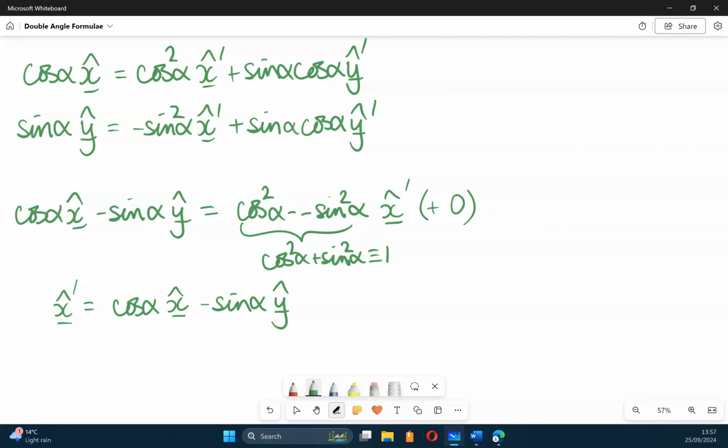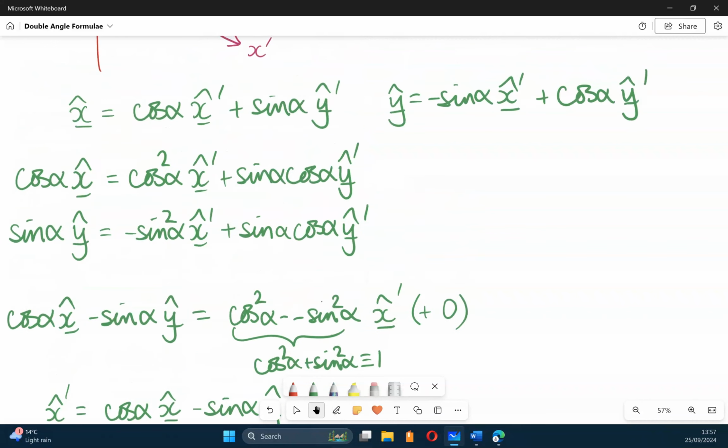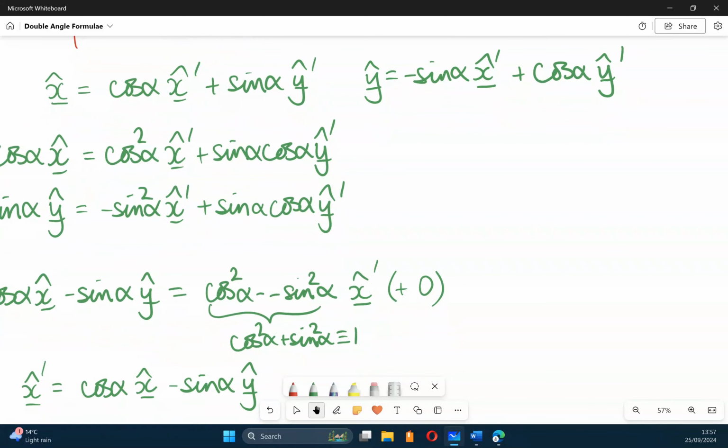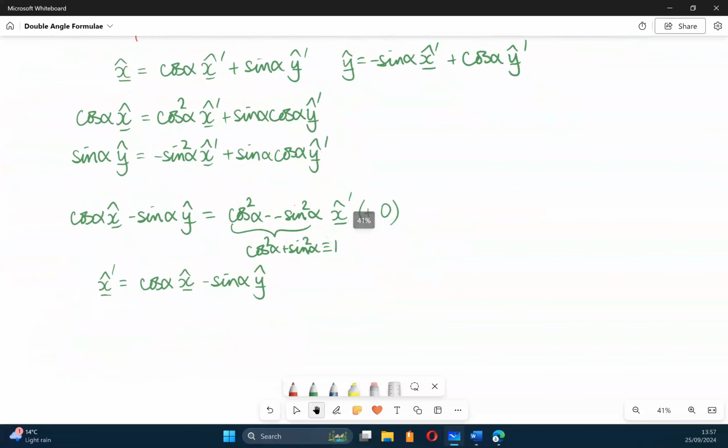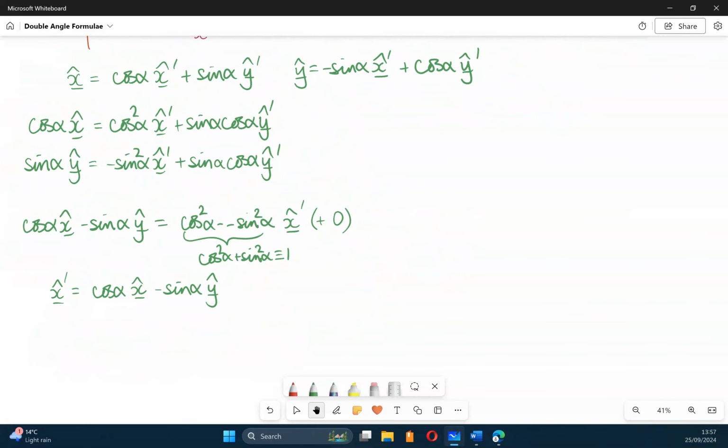And so what we're going to do for y hat prime, in order to get y hat prime, we need to get rid of x hat prime. So I need to multiply x hat by sine of alpha, and then y hat by cosine of alpha. And then what we get from this is sine of alpha x hat, and then cosine of alpha y hat.